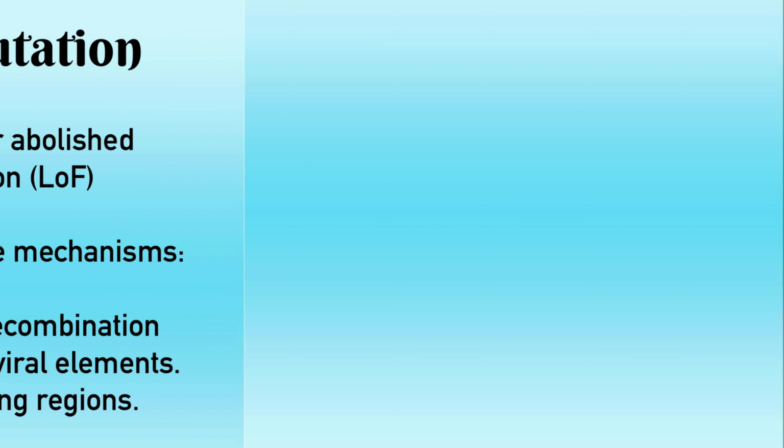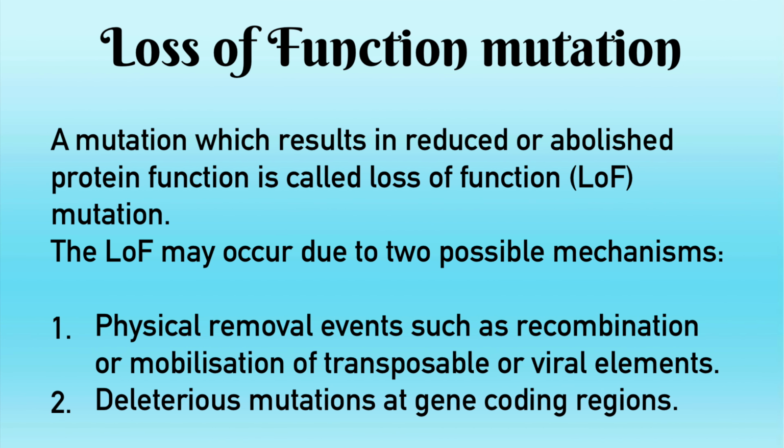Loss of function mutation occurs due to two possible mechanisms. Firstly, because of physical removal events such as recombination or mobilization of transposable or viral elements. And secondly, due to deleterious mutations at gene coding regions.